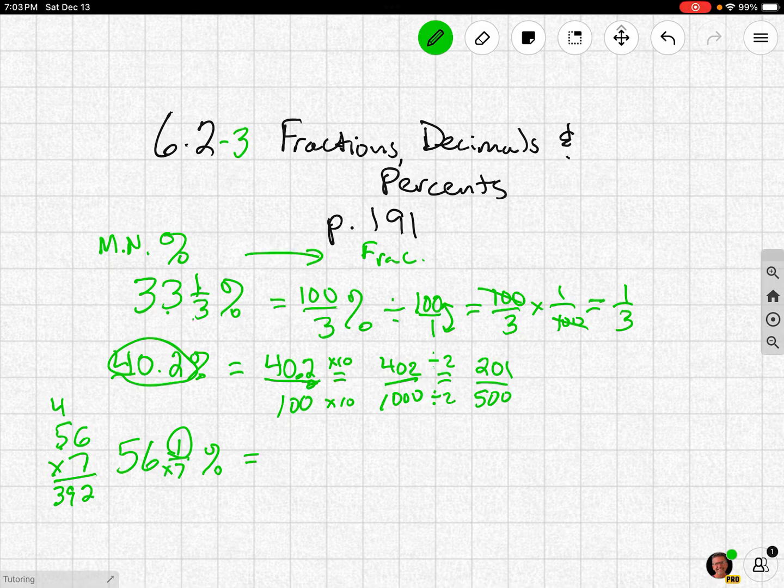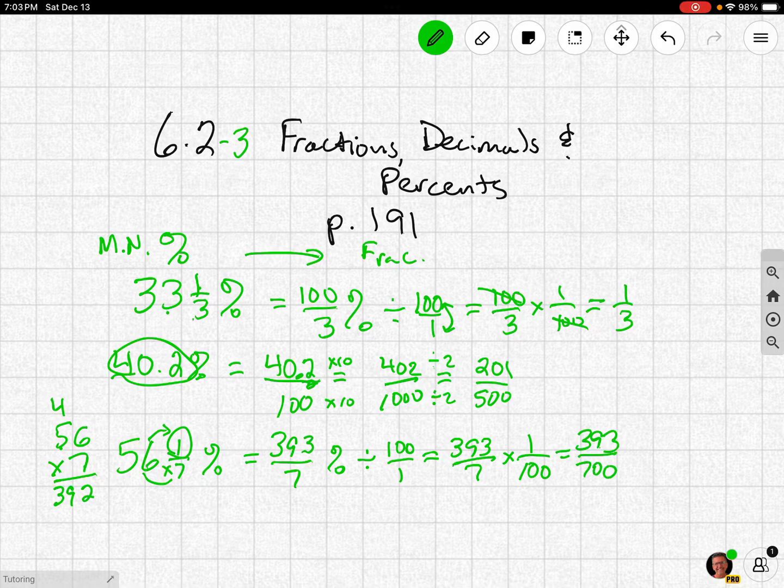We multiply these two, add that one, and then you end up with 393 over 7%. Then what I need to do is take that and divide that by 100 over 1, which is also equal to 393 sevenths times 1 over 100, which is equal to 393 over 700.